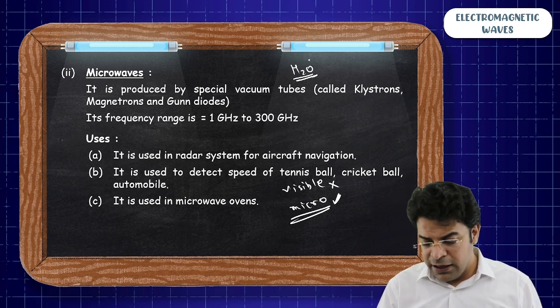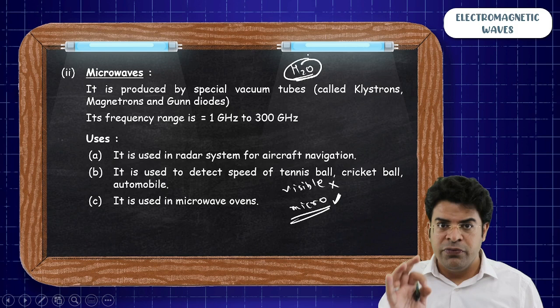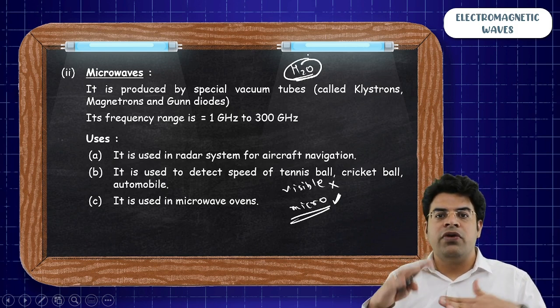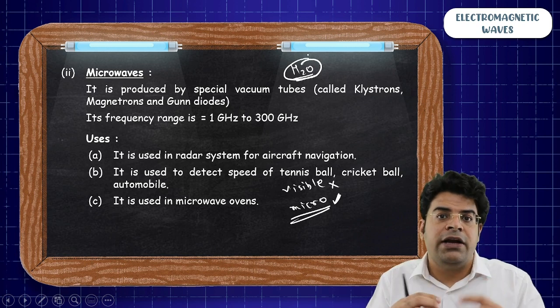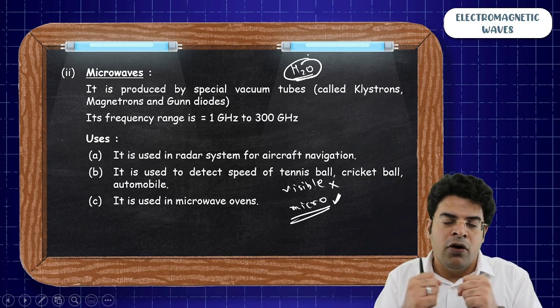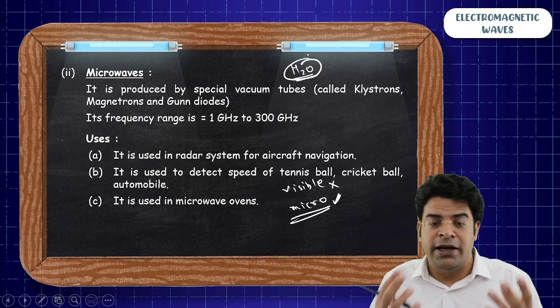So when microwaves, of the same frequency, are bombarded on water, the molecules undergo resonance and oscillate vigorously with higher amplitude, leading to heating up of our food, as all our food contains water.